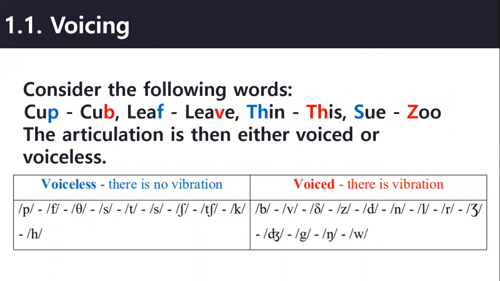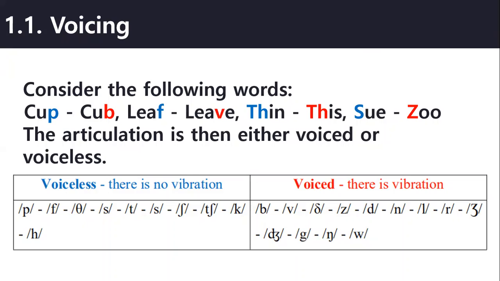Starting with voicing, consider the following words: cup, cub, leaf, leave, thin, this, sue, zoo. When articulating a consonant, our vocal cords are either vibrating or not vibrating. So, if you want, do this with me. Put 2 fingers on your throat and read the words along.